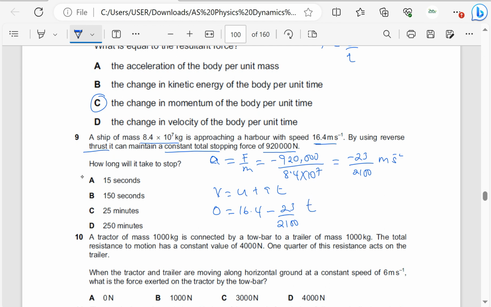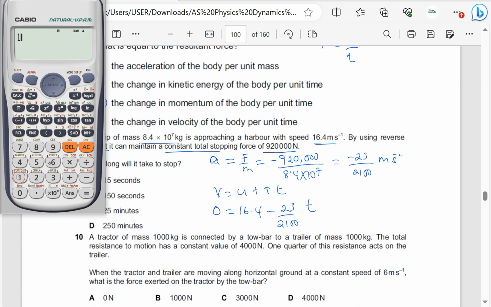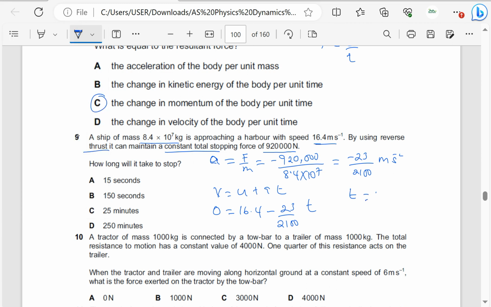So I'll take this to the other side, so I have 16.4, I'll multiply this by 2100, making t the subject, then I divide this by 23. And I'm getting t as 1497.4 seconds. So A is wrong, B is wrong.